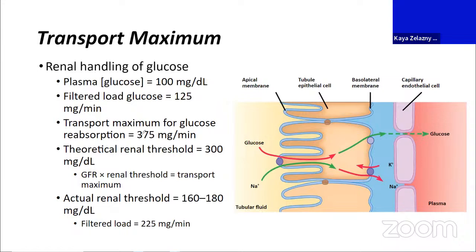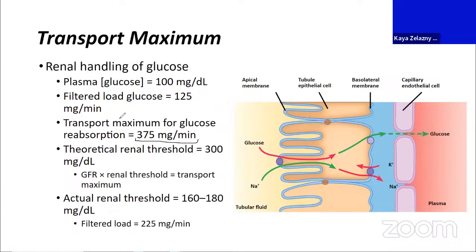Normal plasma glucose is about 100 milligrams per deciliter. And we calculated last time the filtered load of glucose is going to be 125 milligrams per minute because we're just multiplying it by that 125 glomerular filtration rate. Now the transport maximum for glucose is 375 milligrams per minute.